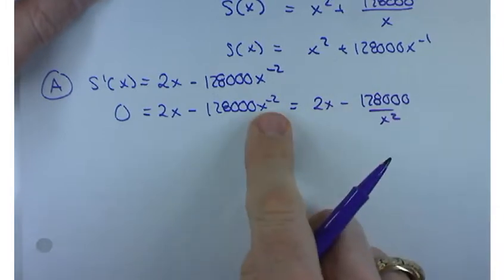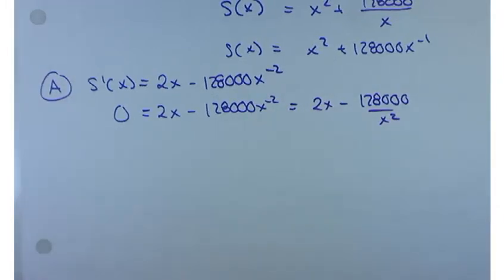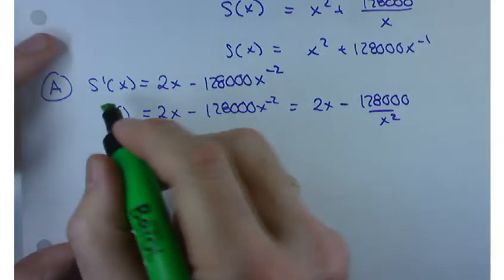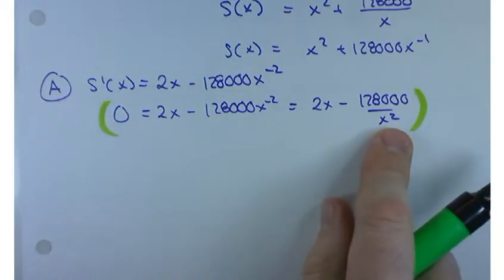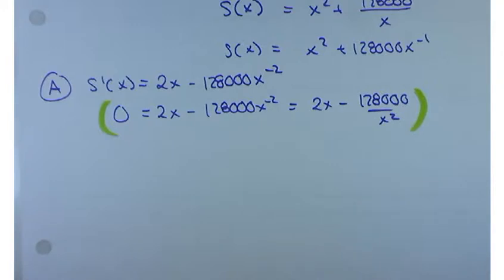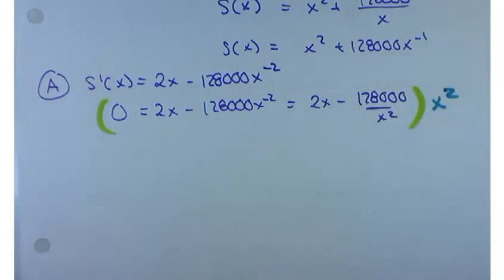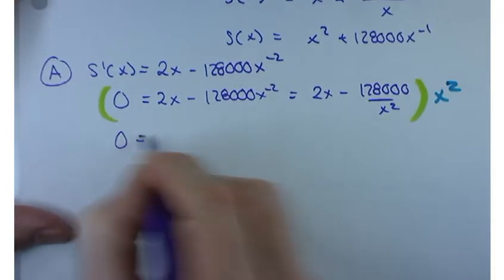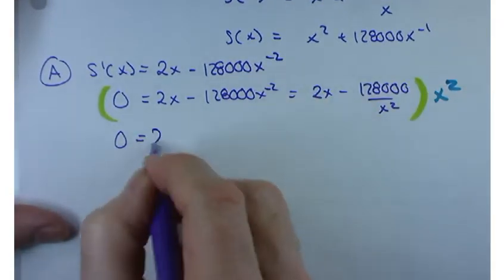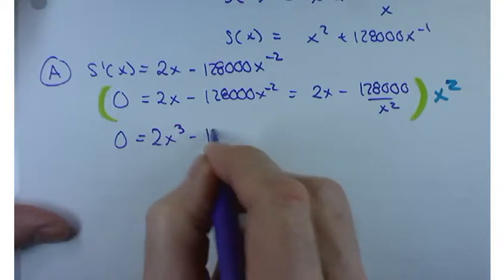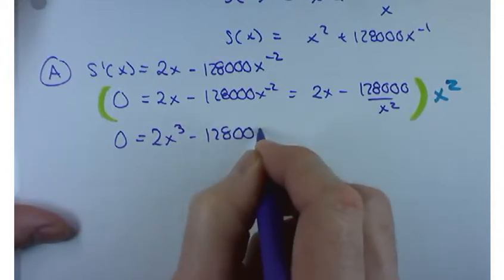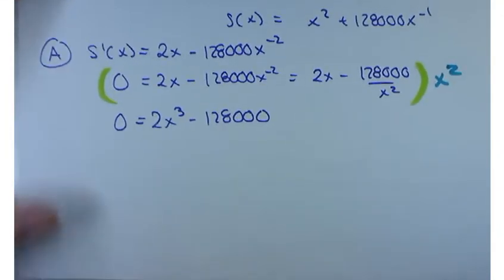You could really think of that as over x squared. What I'll do here is multiply everything through by x squared. That way I clear out the denominators, which is pretty much like what you were suggesting. So if I multiply by x squared everywhere, then I get 0 equals 2x cubed minus 128,000. And that's looking a lot friendlier.